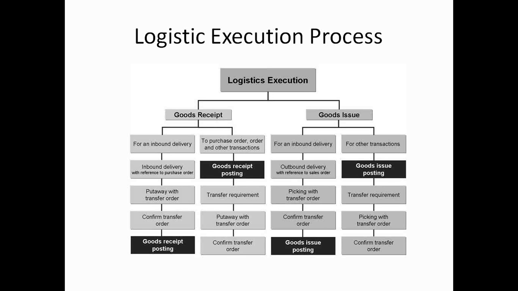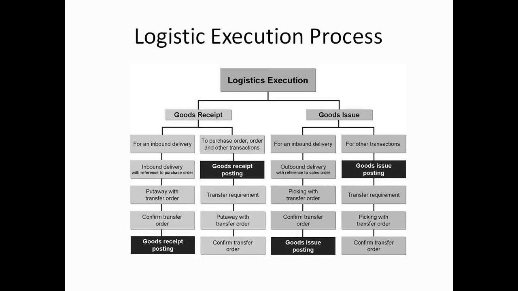Now, if you see the first column, for inbound delivery: whenever a purchase order is created and the vendor has sent an ASN, with that ASN an inbound delivery is created in SAP. As soon as the inbound delivery is created, a transfer order is created. There is no transfer requirement.